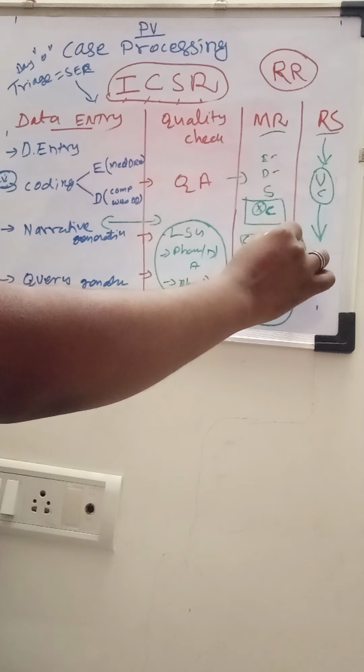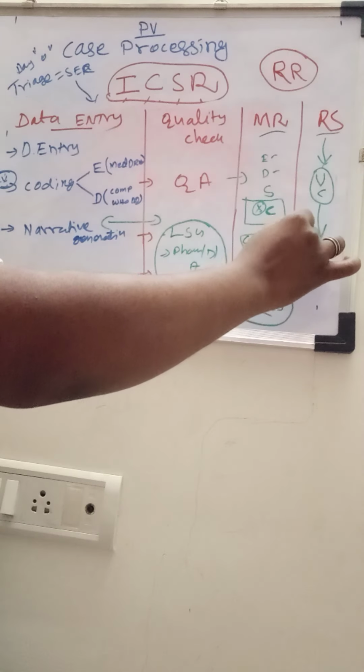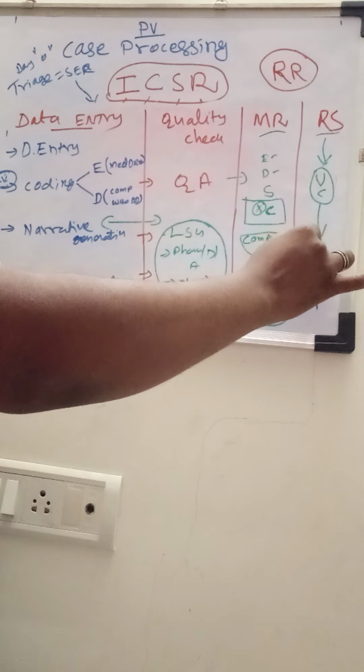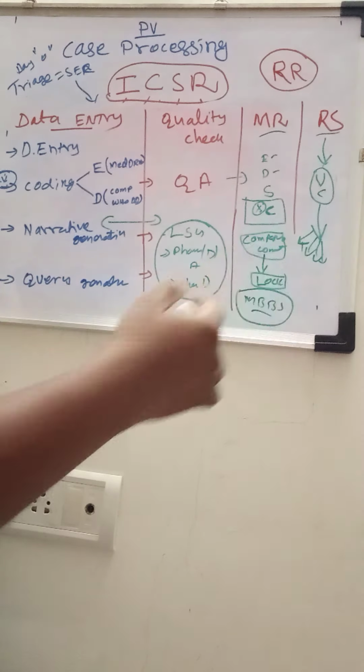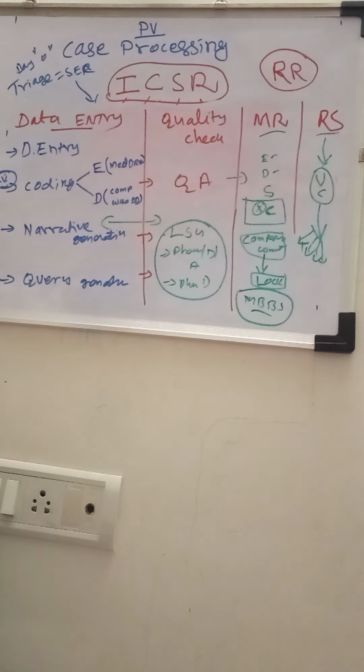So for all the countries where there is a marketing authorization, the cases would be routed based on their respective timelines to that regulatory authority for further analysis and processing.